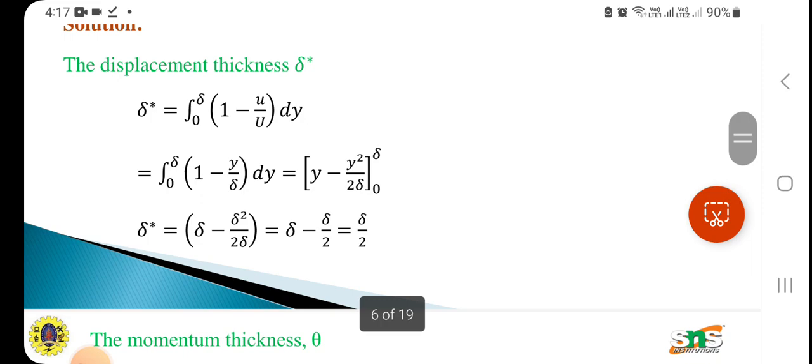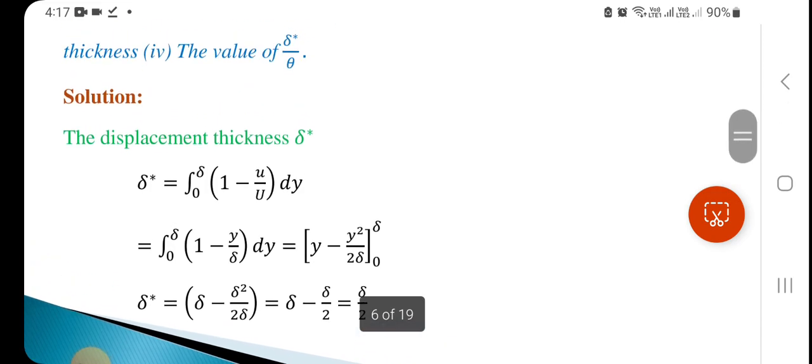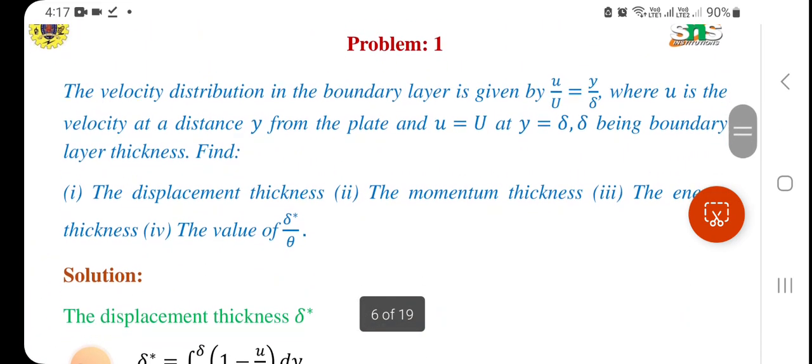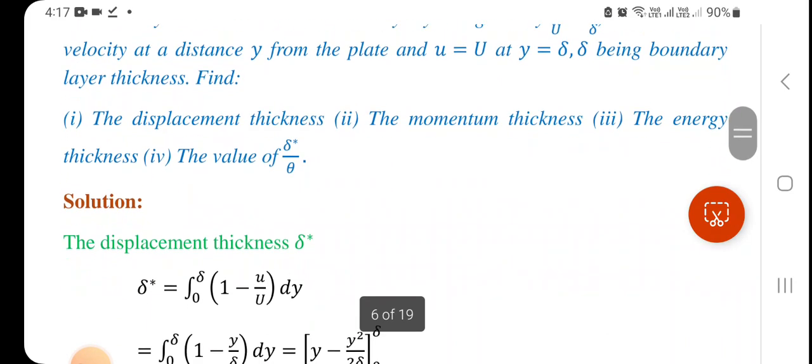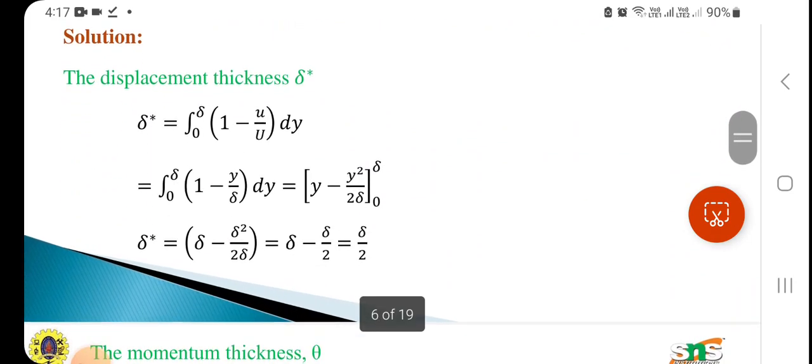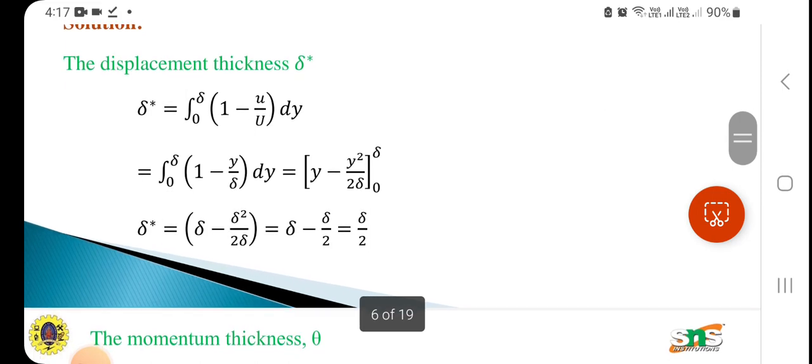So we know the formula for displacement thickness. Del star is equal to integral 0 to del of 1 minus u by capital U into dy. From the question, u by capital U is given by y divided by del. So we directly substitute in the formula, integral 0 to del of 1 minus y by del into dy.